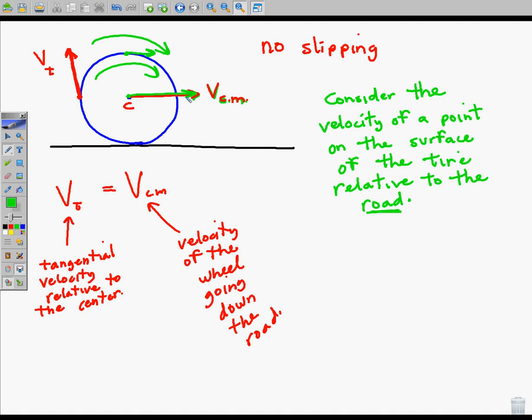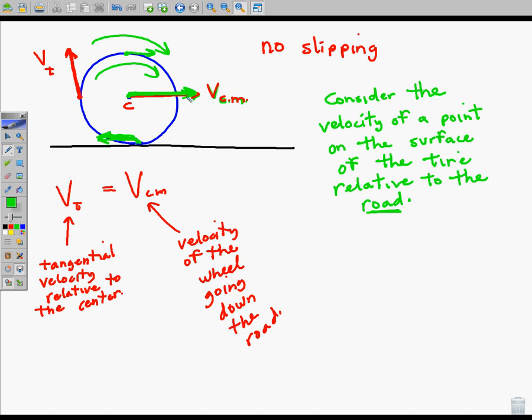When that same point comes all the way down at the bottom, relative to the center, which way is it going? To the left. But which way is the overall tire going? To the right. And how does that tangential velocity compare to the center of mass going to the right? They're the same.